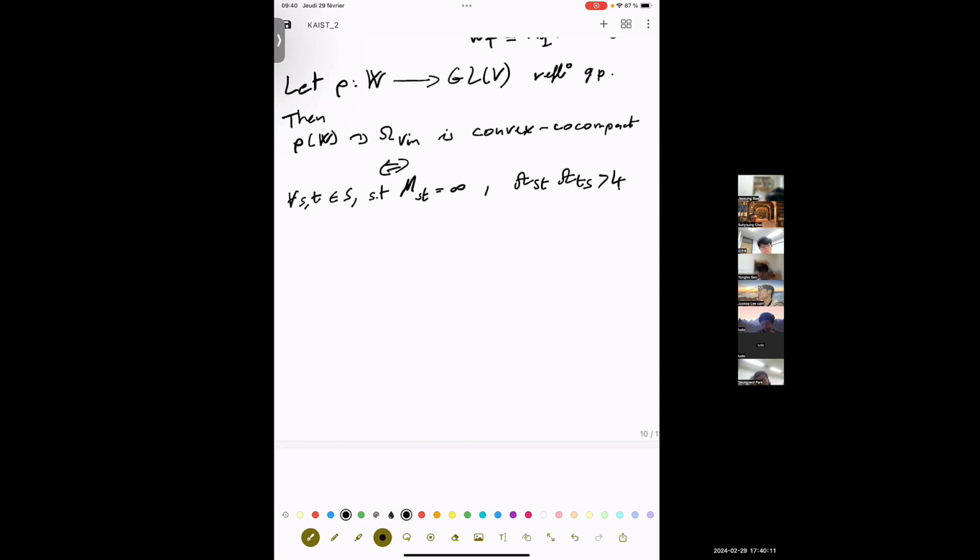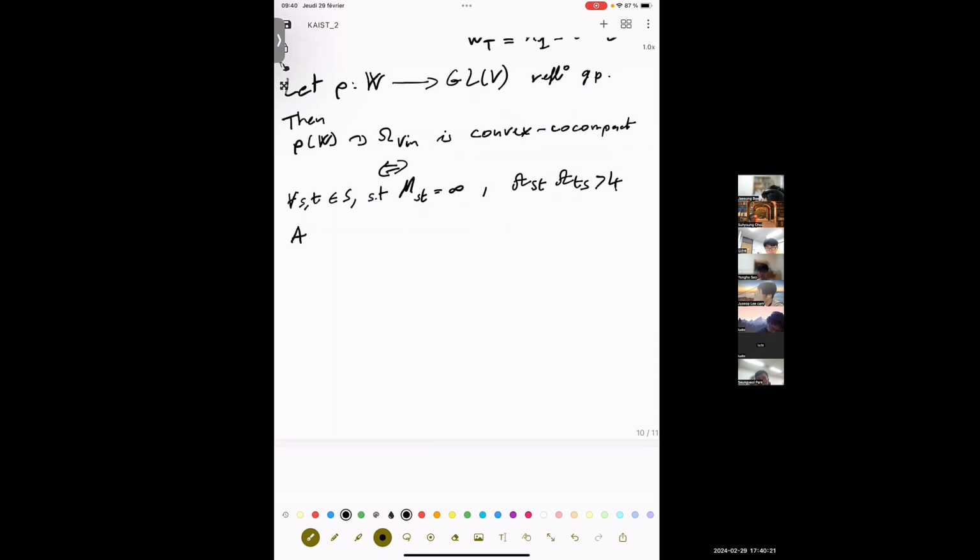So it means that the product of these two reflections is a proximal element, not a unipotent element. That's the only thing you need to check, that some standard elements are proximal. You don't need to check more than this. And in that case, rho from W to GL(V) is Anosov.